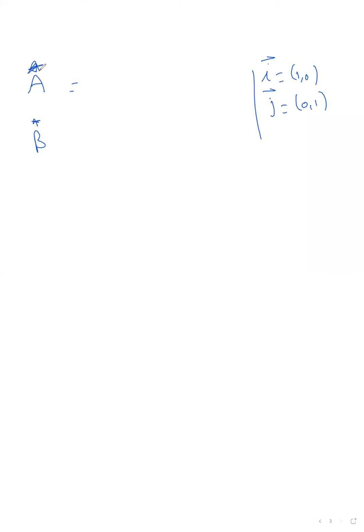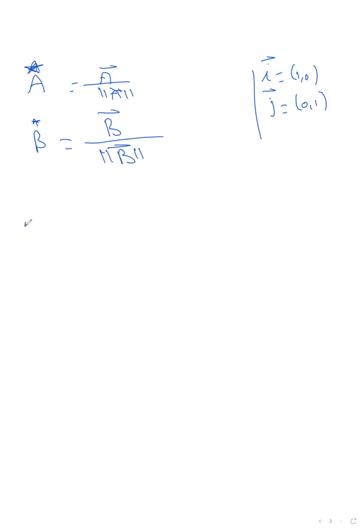But when they say A star, it means the unit vector in the direction of vector A, a vector in the direction of vector A whose length is 1. So it is vector A over its norm, and B star is vector B over its norm.